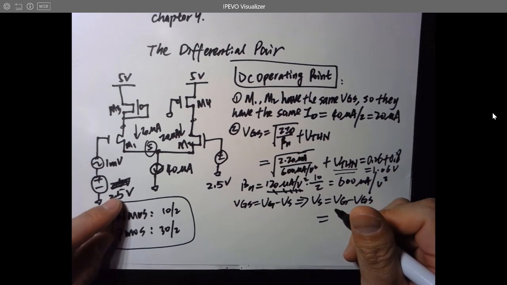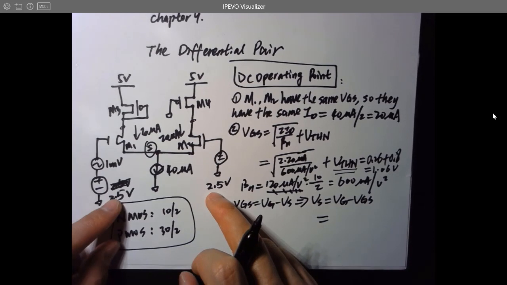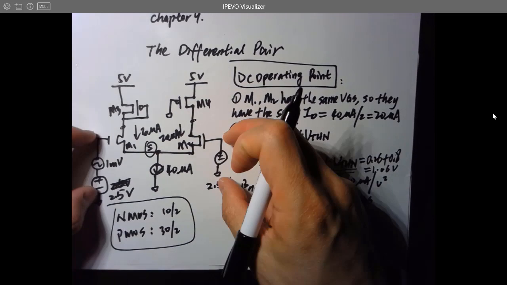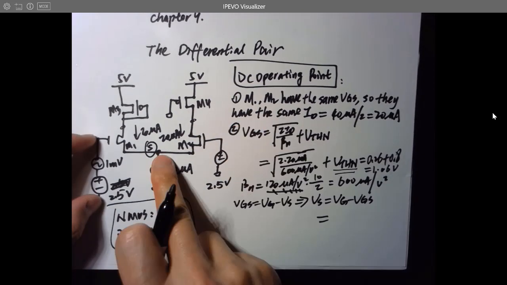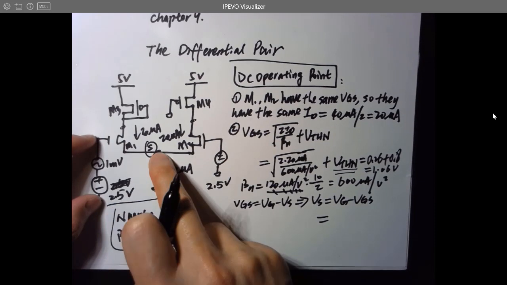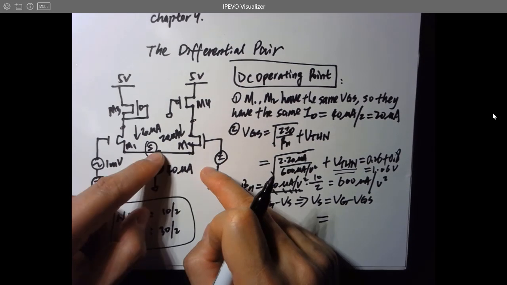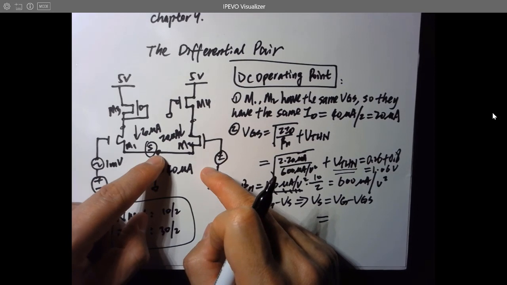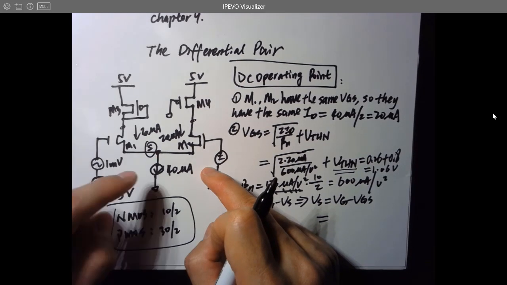And VG is 2.5 volts. Keep in mind, 2.5 volts over here is not VGS, it's VG only, because VS is not grounded. They're not sharing the same ground, right? Ground is over here. This point is unknown. We have to calculate it. So this point is VS compared to the ground.